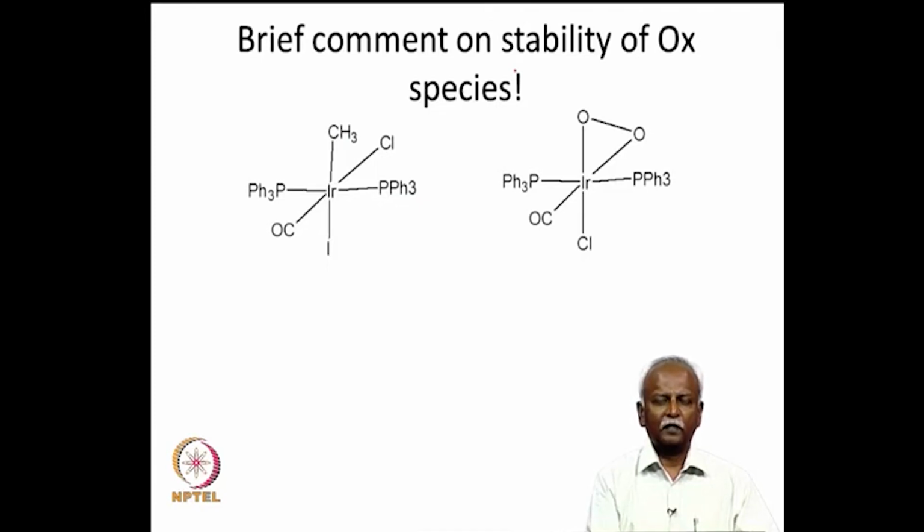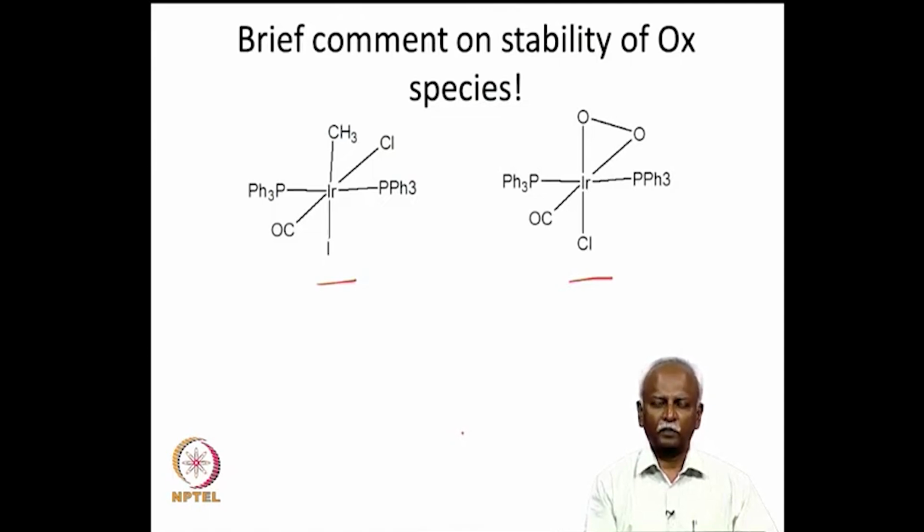In both cases that I have listed here on the screen, you have iridium attached to iodine and chlorine, or iridium attached to 2 oxygen atoms and chlorine. Either way, you tend to have a stable species, because these electron withdrawing groups will stabilize the higher oxidation state.